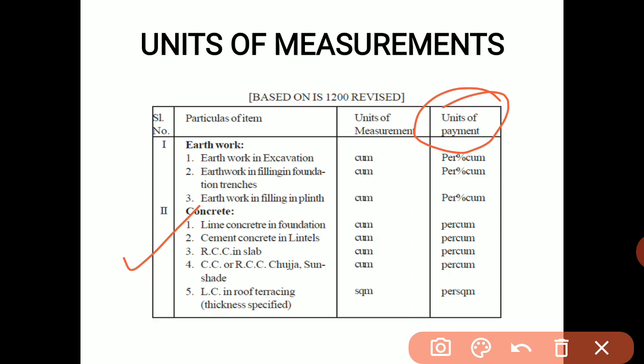Now here just imagine we are going to do, this is our slab of terrace. Okay, this is the floor of the terrace and we are going to do lime concreting here. So what is the thickness of this lime concreting? It is very minimal, about 25 mm.